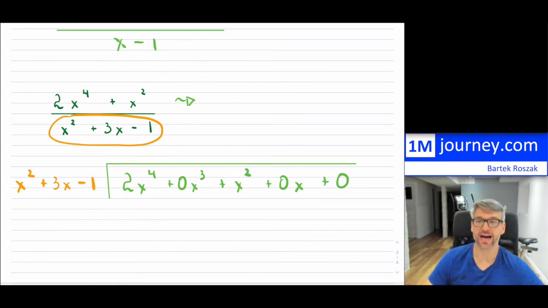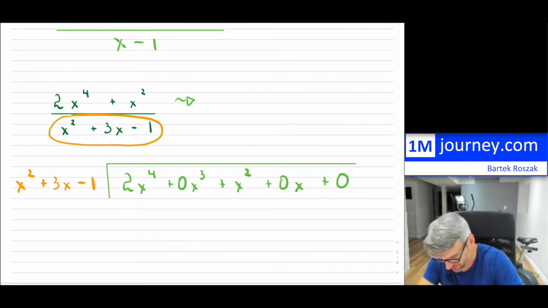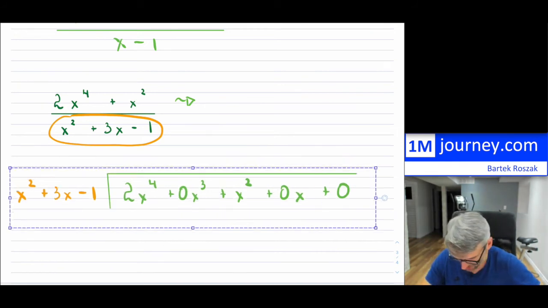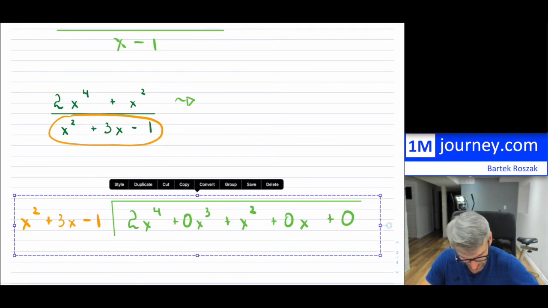If it didn't, let's say if it was x squared minus 1, then what I would put is x squared plus 0x minus 1. All right, so don't forget that. That just reminds you what all the different terms of the polynomials are that you should carry. All right, so this is going to be a little bit more painful than the previous ones.